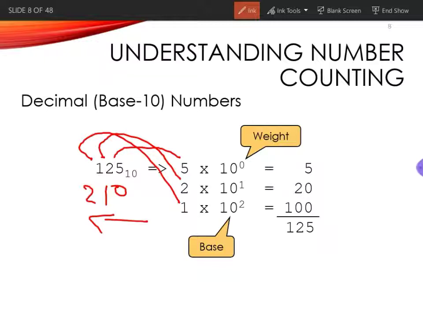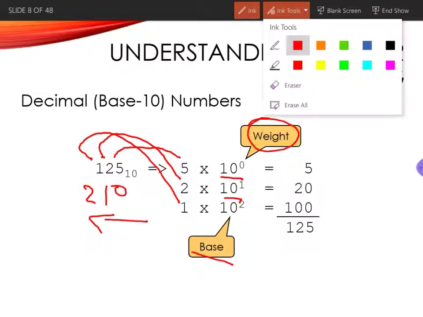For each of these digits in the given position, we multiply it by the base raised to the position. The weight is basically the position of each digit, and the base is the base of that numbering system.